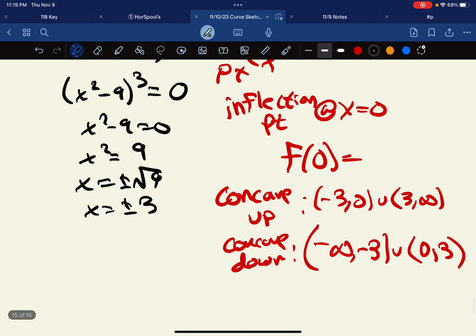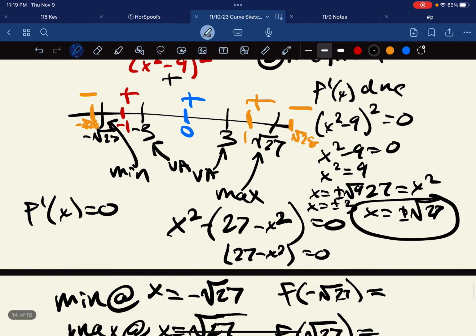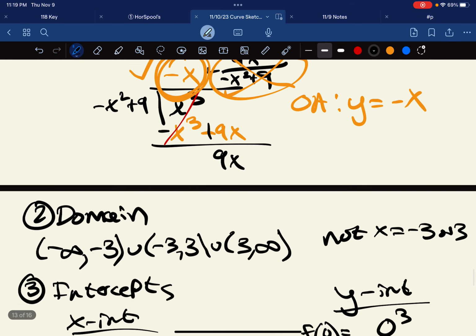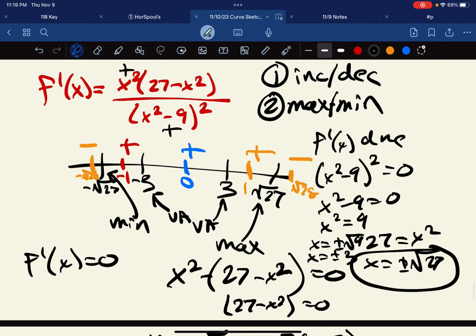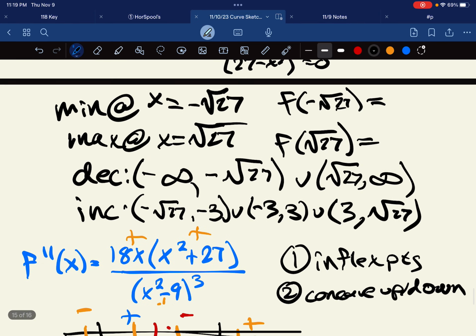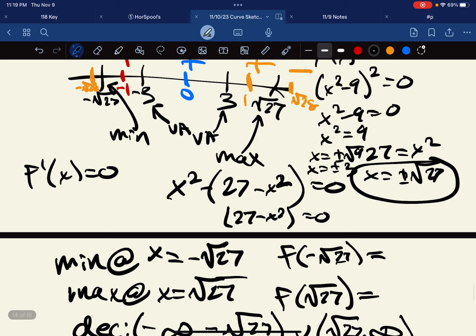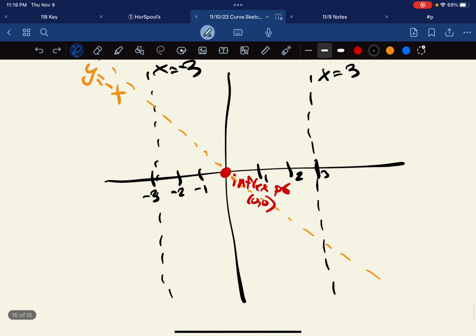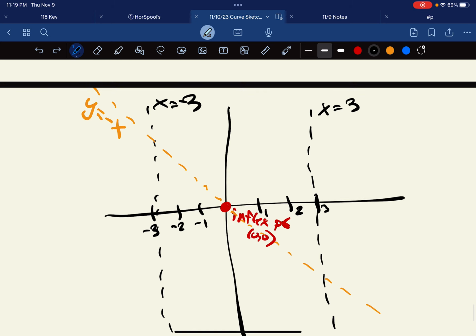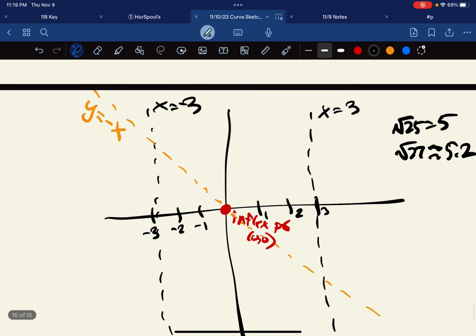Great, so now we're going to plug in our maxes and our mins. Okay, so we've got a max, right, at square root 27. Remember square root 25 is 5, so square root 27 is like 5 and some change.